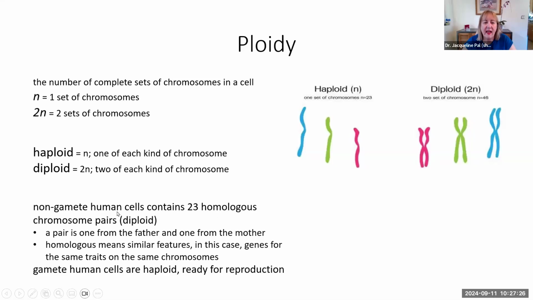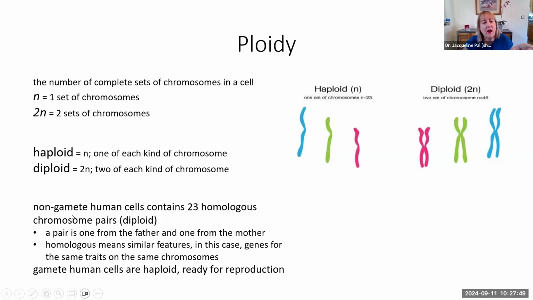Our non-gamete human cells contain 23 homologous chromosome pairs. They are all diploid. They have the 46 chromosomes, where one comes from the father and one comes from the mother.